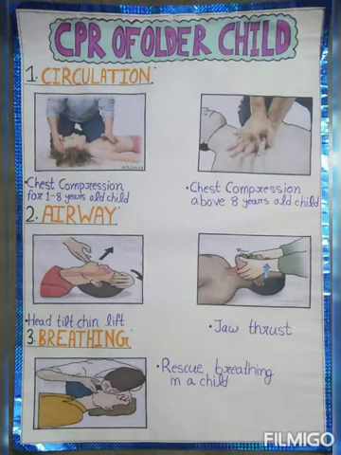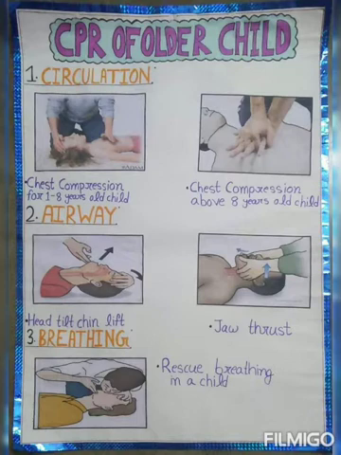The sequence of BLS is CAB, meaning circulation, airway and breathing. At first assessment, palpate the carotid pulse for its absence and check for the absence of breathing or abnormal breathing, and assess the unresponsiveness of the patient by shaking and calling his or her name.